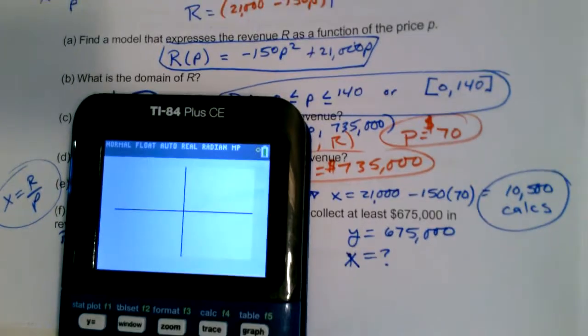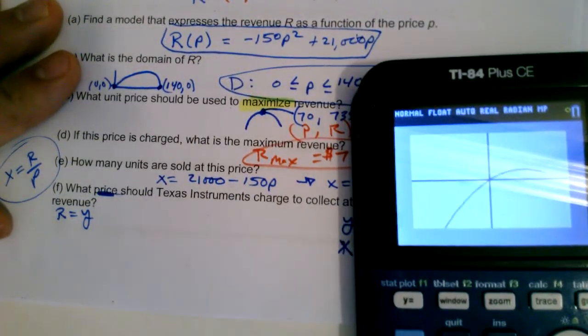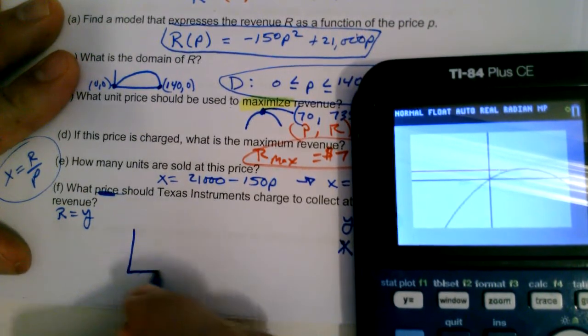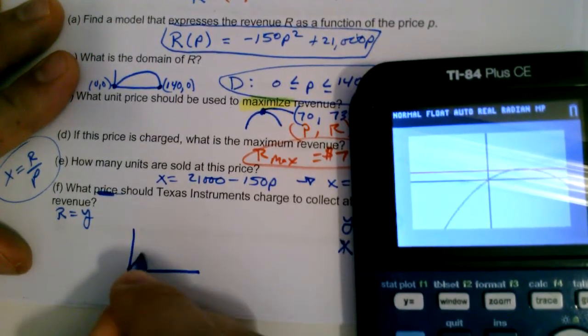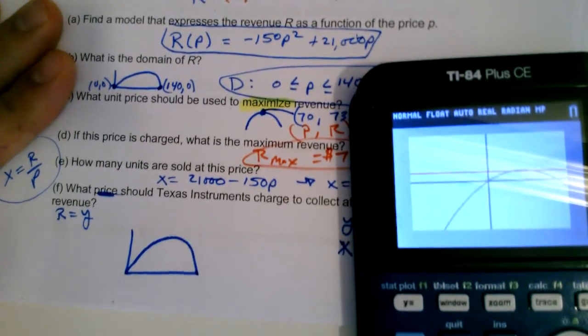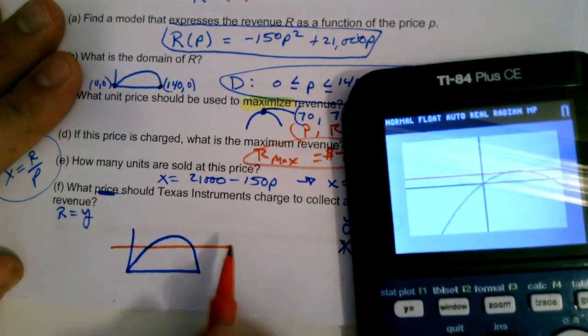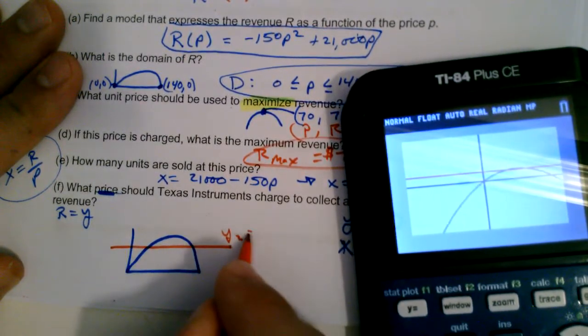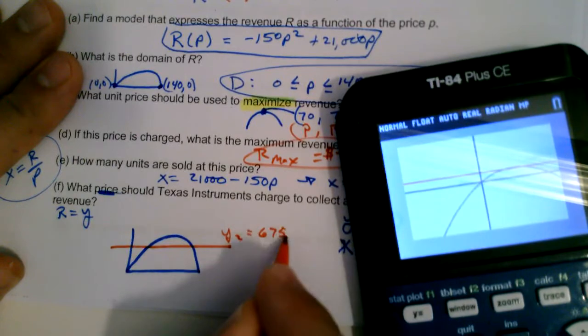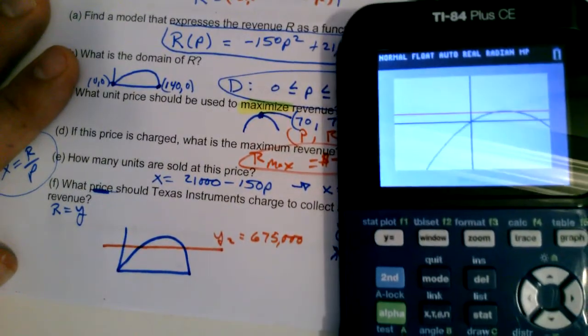So I'm going to go ahead and graph that. I'm going to give myself a little visual on my graph. Again, we're looking at this part here. There's my graph. And then we're going to graph again. Y2 is just this horizontal line right here. Okay.